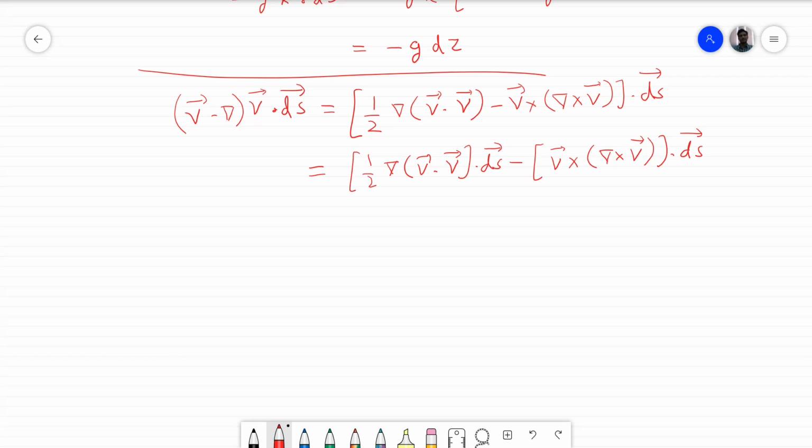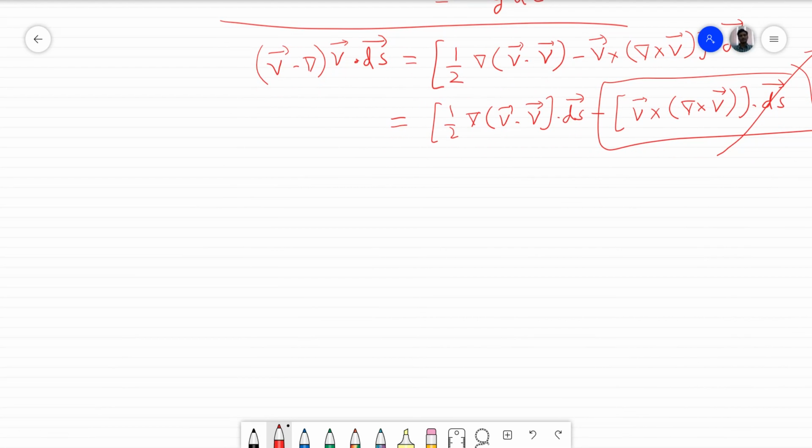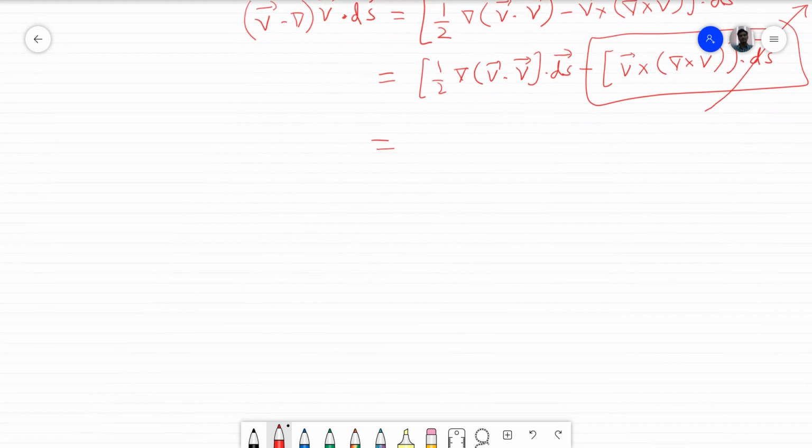Now here we know that the velocity vector and ds are in the same direction. Therefore this term goes to 0 and the remaining term can be written as half del v dot v dot ds.